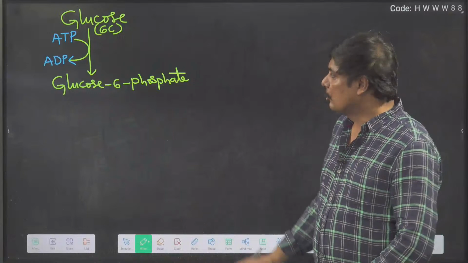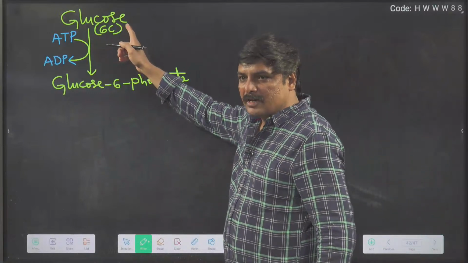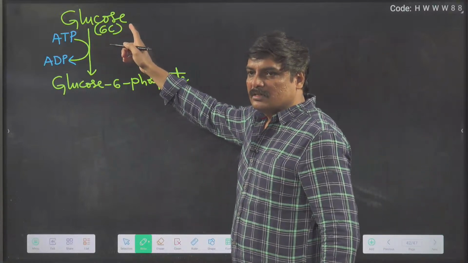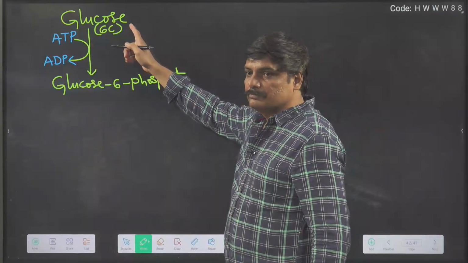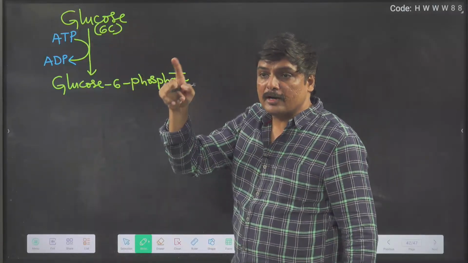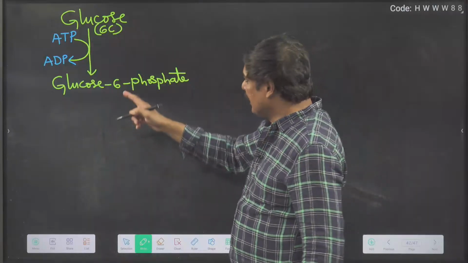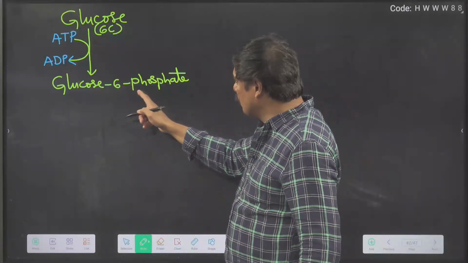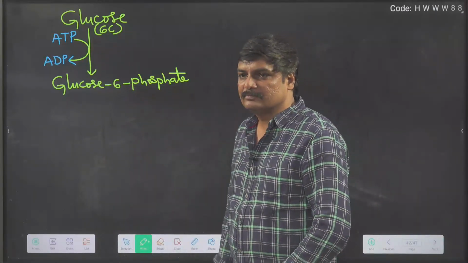Correct? Glucose, the starting substance, the substrate, undergoes phosphorylation and forms glucose 6-phosphate.